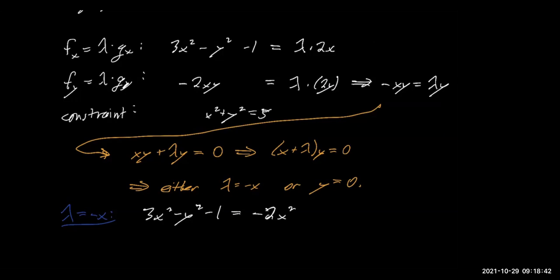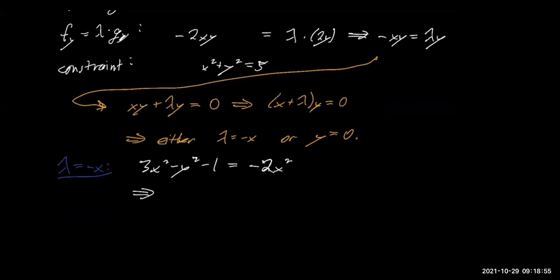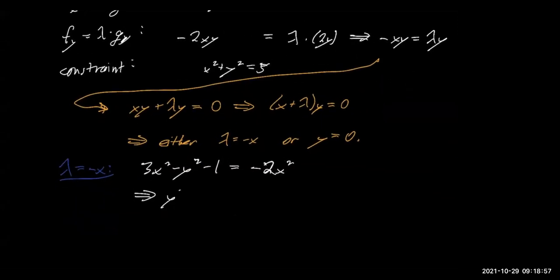Man, my 2's and lambdas look kind of similar. Okay. And then if we rearrange, what do we get? I think we get y squared is 5x squared minus 1.